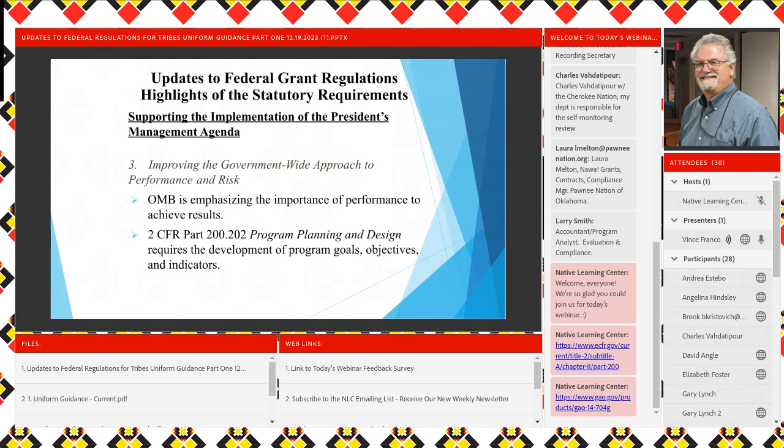We're moving more and more towards data-driven reports, data-driven management. Data performance management is what it's talking about. You can read more on it in 2 CFR Part 200.202, Program Planning and Design, where you can read up on the fact that the federal government is getting pressure at the agencies, and then they're transmitting that pressure to us in more performance-based measures. You're going to see that more and more.